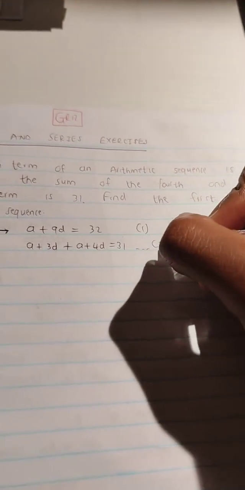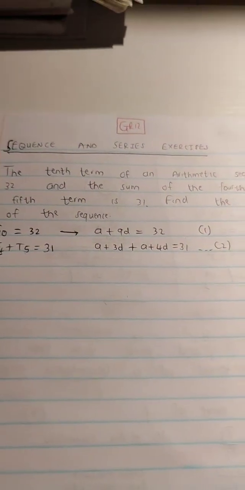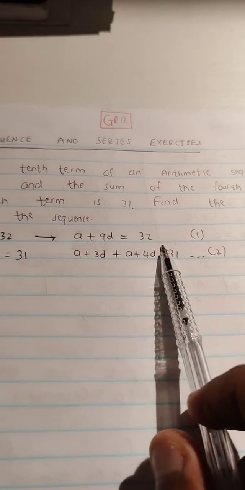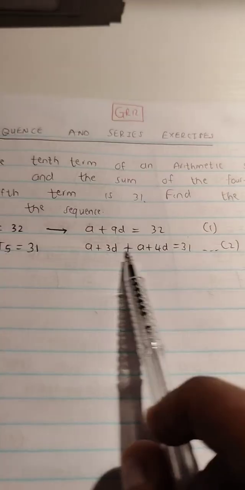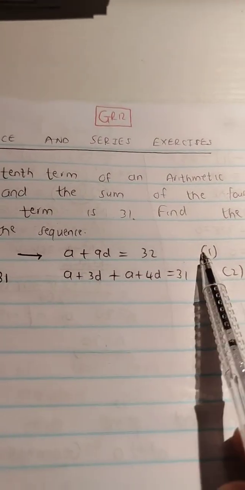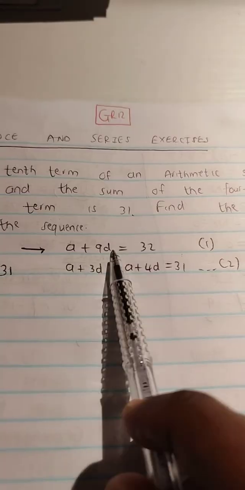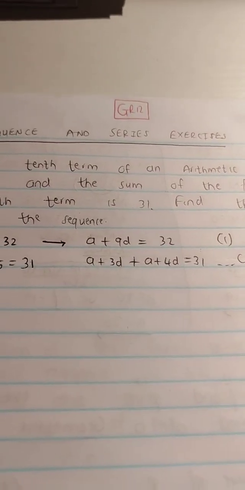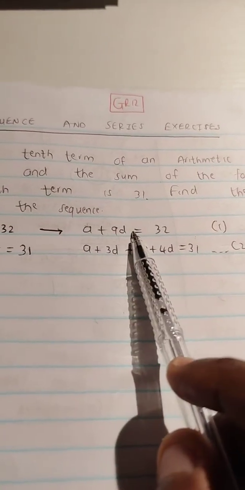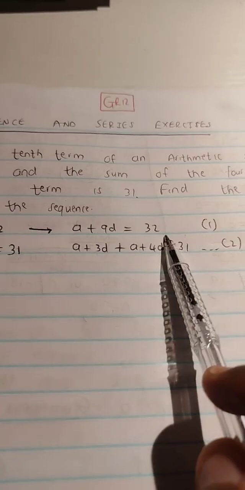That is going to be our equation 2. Then, of course, we have to simplify this equation so that we have it in its simplest form. Equation 1 is already in its simplest form because A and 9D are unlike terms, and so separate and apart, on the left you are going to have A plus 9D, and on the right you are going to have 32.